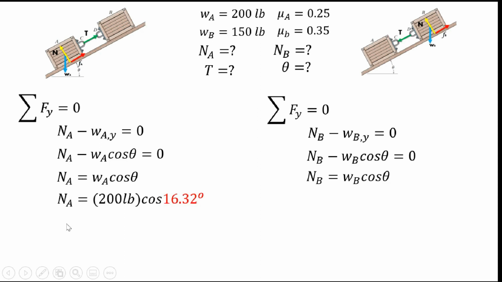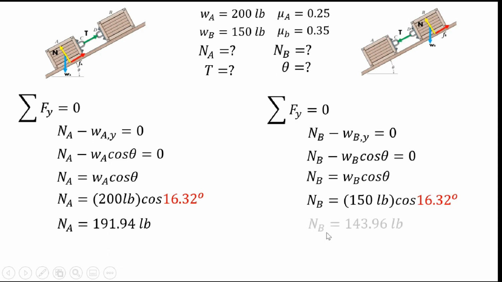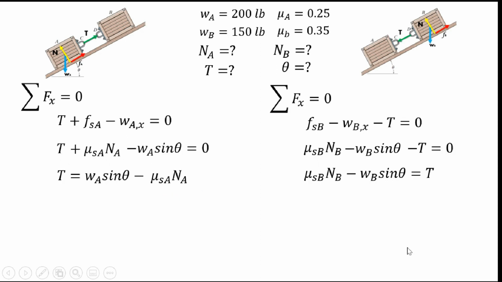So the normal force of A is 191.94 pound. For the normal force on crate B, that will be 150 pound cosine 16.32 degrees. So the normal force of B is equal to 143.96 pound.